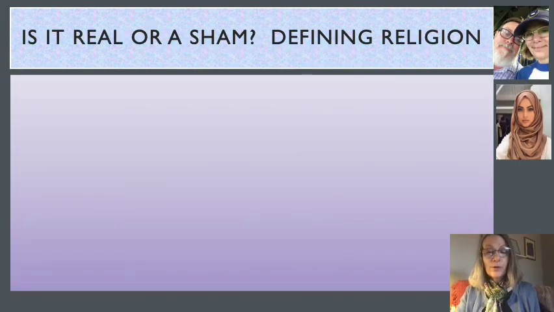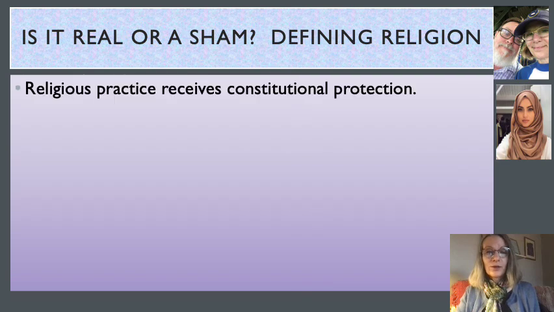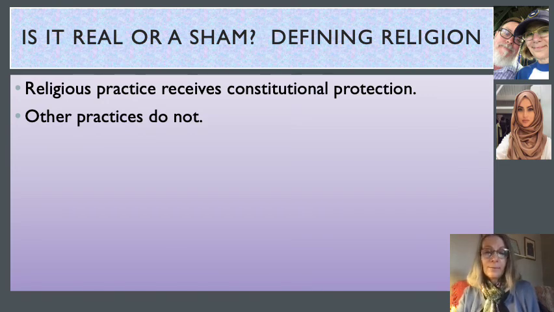Okay, so we know through the first lecture that you listened to that religious practice receives constitutional protection through the First Amendment. But not all practices receive constitutional protection. Other practices are not protected by the First Amendment or any provision within the Constitution.